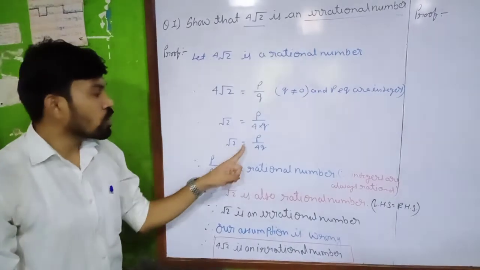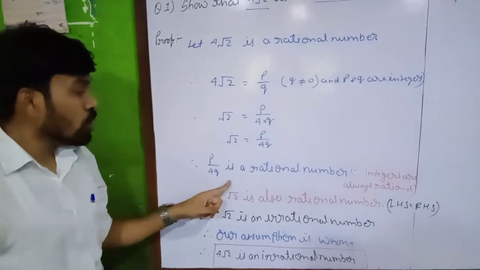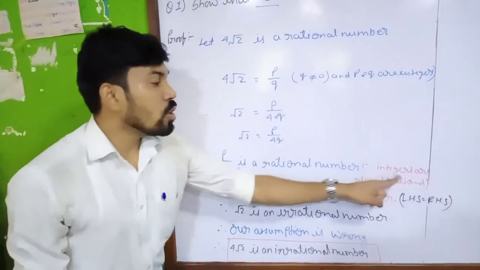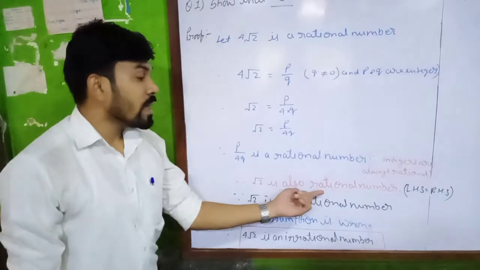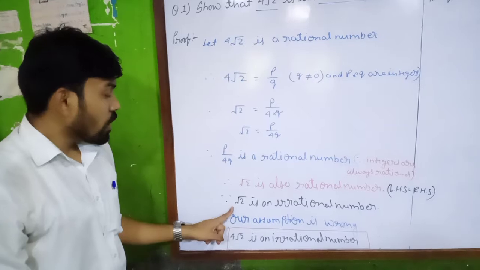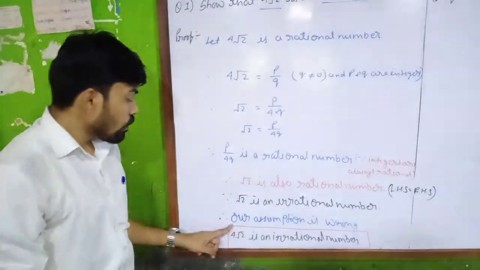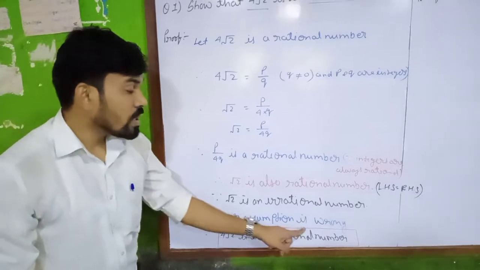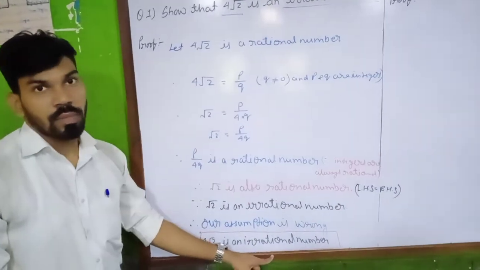So root 2 is equal to p upon 4q, and because p upon 4q is a rational number, as integers are always rational, root 2 is also a rational number, left hand side equal to right hand side. But root 2 is an irrational number, as we know very well. So therefore our assumption is wrong. Therefore 4 root 2 is an irrational number.